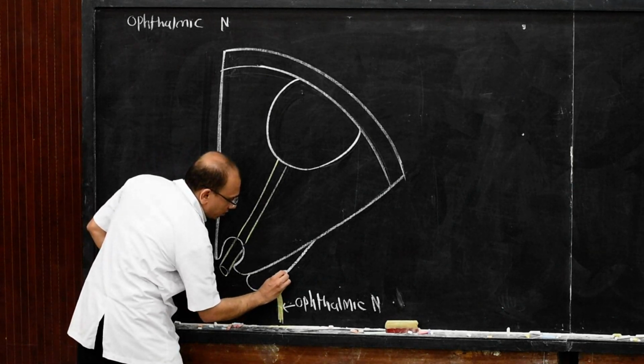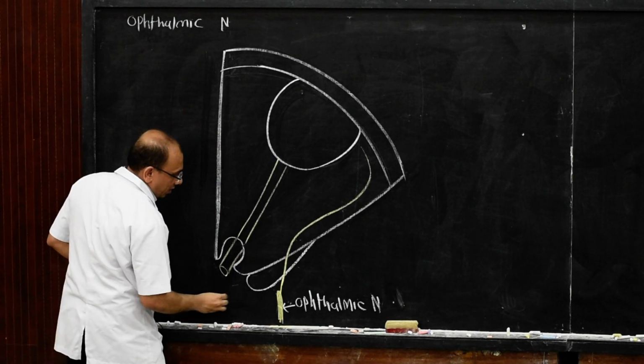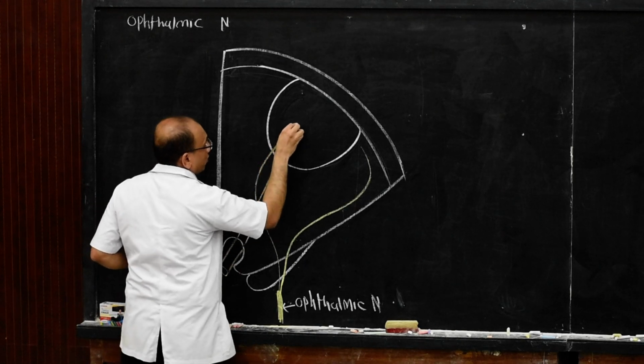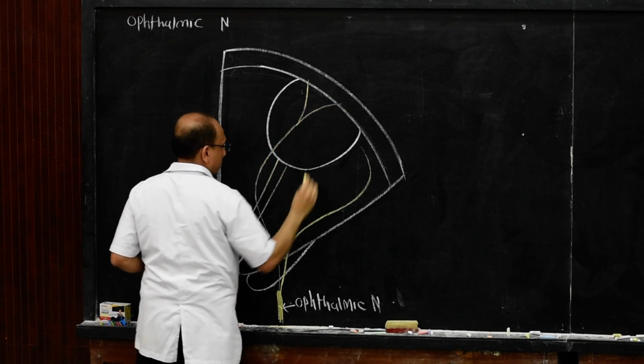Most laterally, this one is the lacrimal nerve. And here I am drawing, this one is the frontal nerve, and it divides into these two branches.